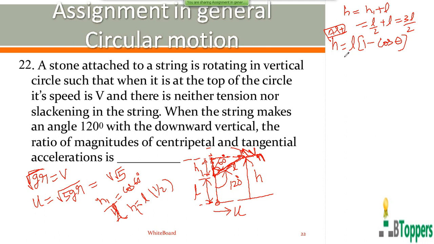So if you take theta equal to 120 degrees, cos 120 degrees is minus 1 by 2. Simplify this again, and you get h equal to the same value, 3L by 2. That means you can also find the value of h alternately by this method.